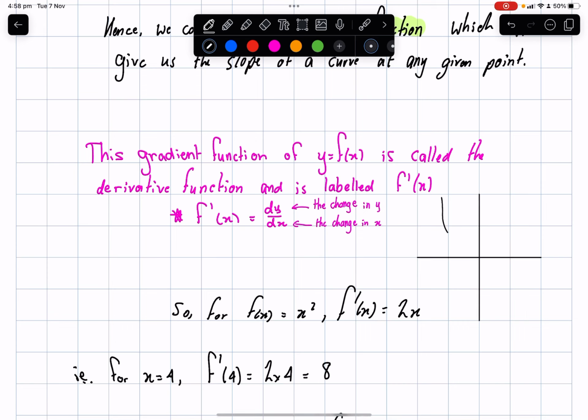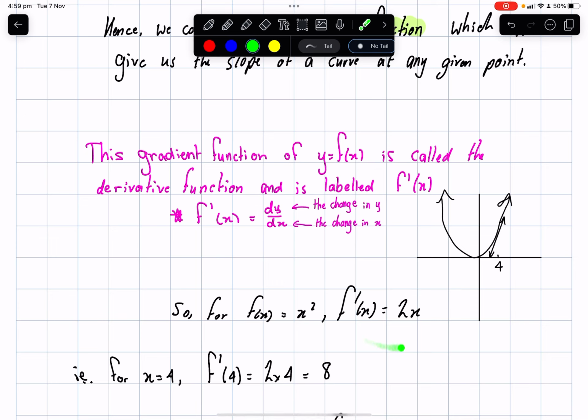We know it looks really ugly, but like that. So if I wanted to find the gradient at, say, 4, I would have had to draw a tangent and find the slope of that little tangent there. But what I can do with my derivative function is substitute in the x value, so 4, so 2 times 4, the slope or gradient of that tangent at 4 is 8. It's as easy as that.